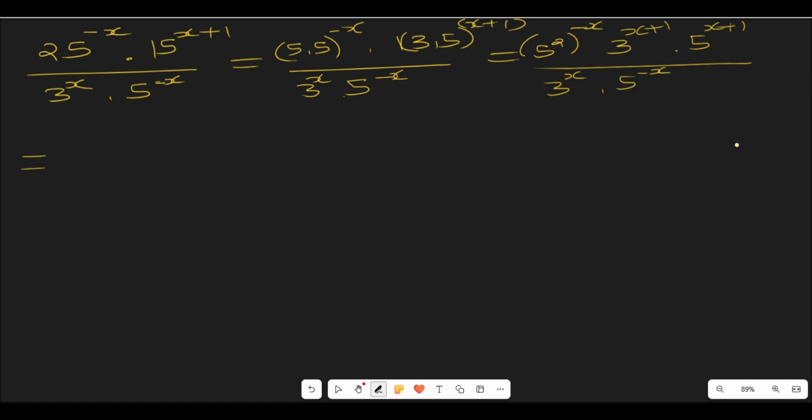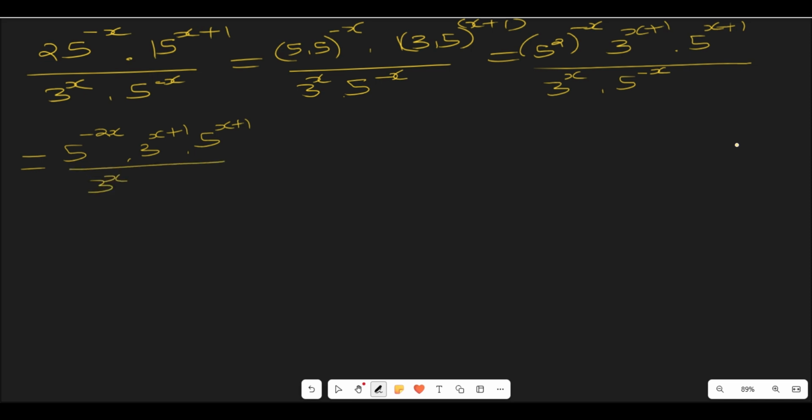So okay, let's remove the brackets up there. We say 5 to the power negative 2x, and then multiplied by 3 to the power x plus 1, and then we say 5 to the power x plus 1.